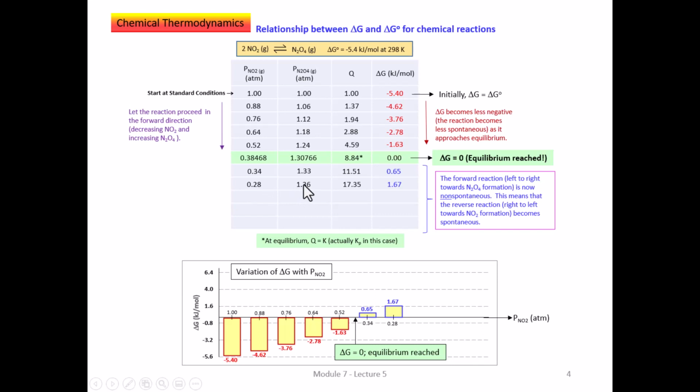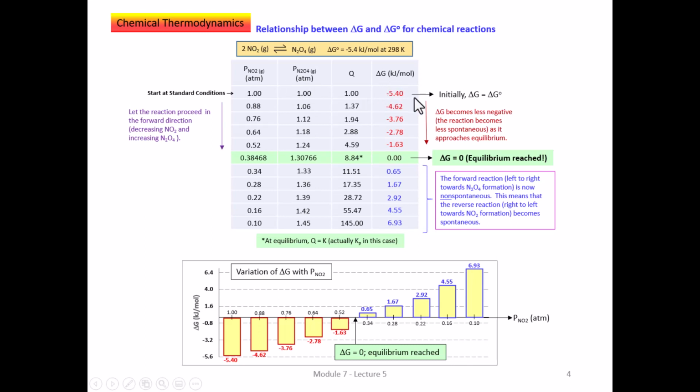I got to go back and make reactants to go back to reach equilibrium where delta G would be 0. We'll keep pushing this here, and you see we can get the positive delta G all the way up to 6.93 kilojoules per mole.